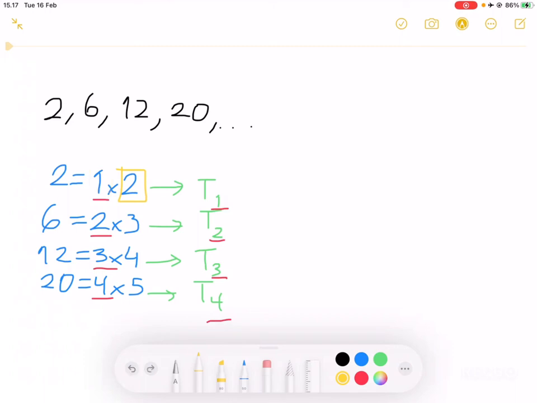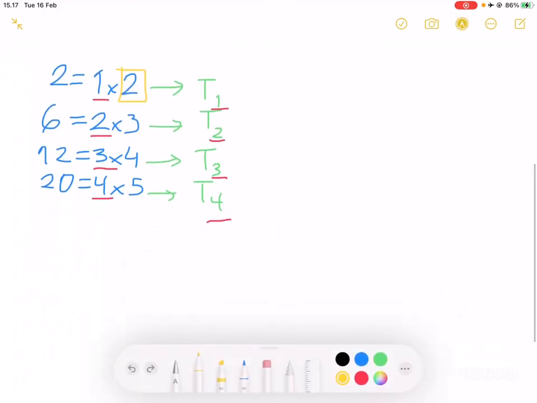So for the nth term, you can just quickly conclude that n must correspond to the first number they were multiplying with, which is just n.